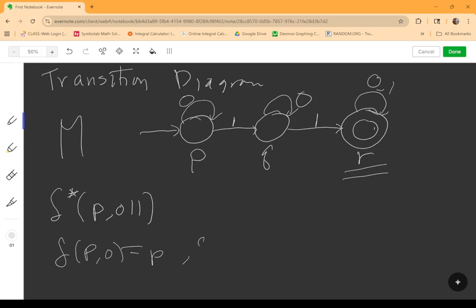The next step is delta P 1, and that says move on to Q. So the next step is delta Q 1, which moves on to R, and I've reached the accepting state. So this is accepted.